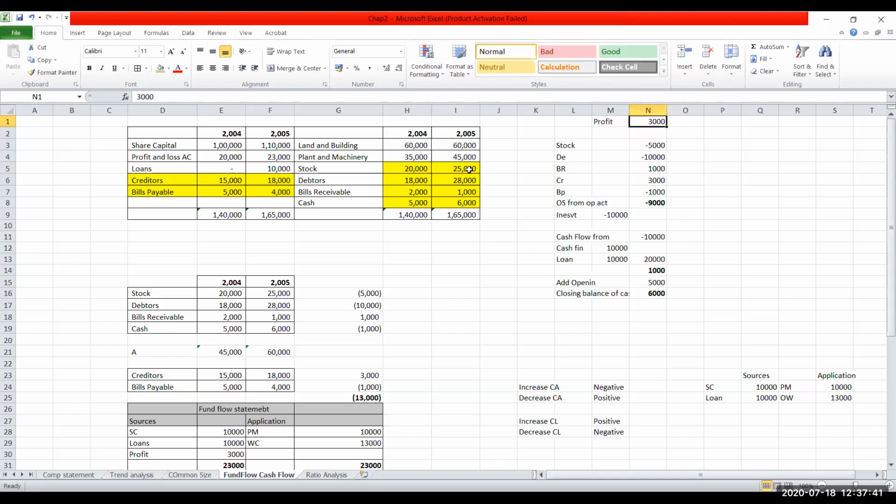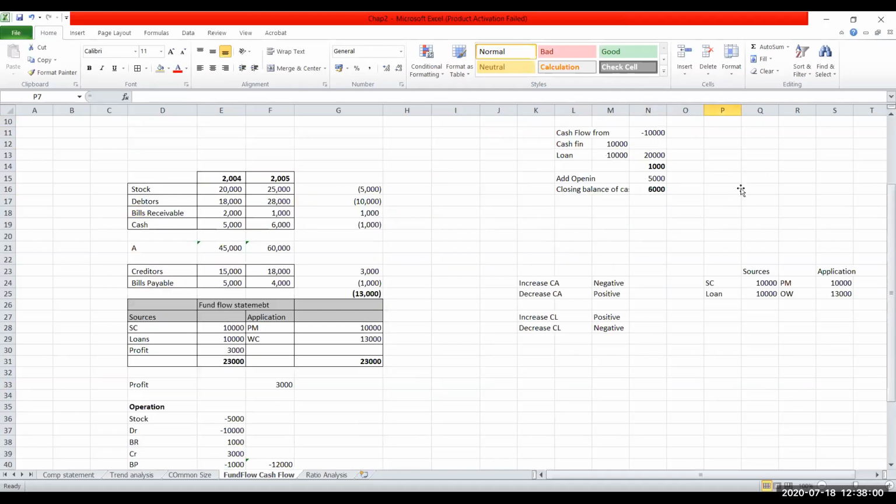So if there is a depreciation, you say add depreciation as a non-cash item. In this example, we don't have depreciation. That is fine. But if there is a depreciation, you should add it back. Okay, clear, guys?